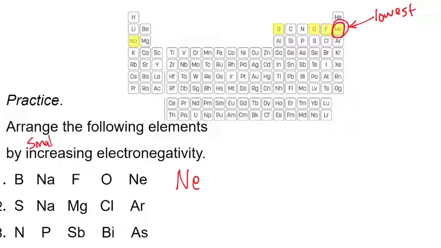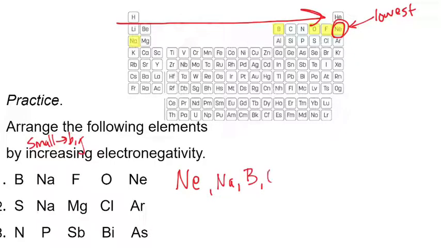Remember, we're going to go from small to big. So starting from the smallest, neon, and then from the farthest away from fluorine to the closest gives us sodium next, and then boron, then oxygen, and fluorine last, of course, because it is the largest on the whole periodic table. So it has this weird kind of loop-de-loop action going on, but it's only if a noble gas is involved in one of these electron trends.